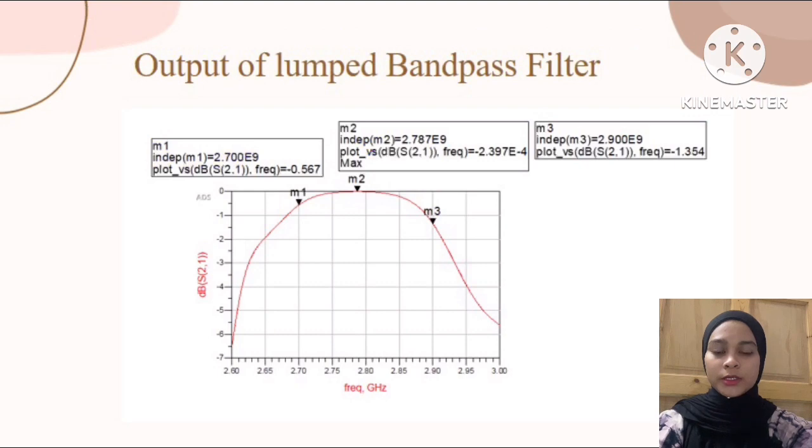So here is the output of the lump band pass filter that we have constructed. Here we can see the center we got is 2.78 GHz. So the value is the same as the center frequency that was given, which is 2.8 gigahertz.